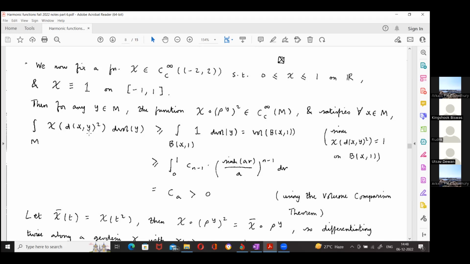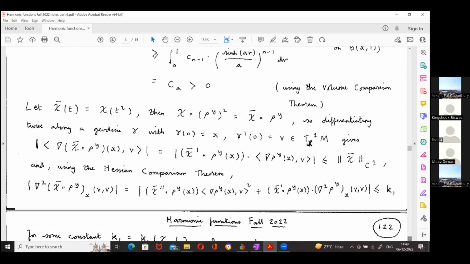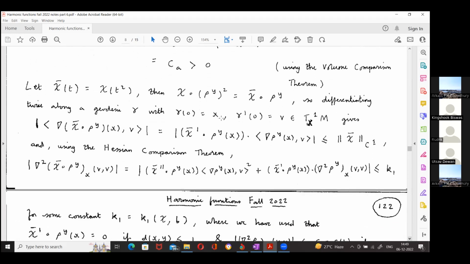So we get that these L1 norms of these functions are all uniformly bounded below. Is this all right? Yes.